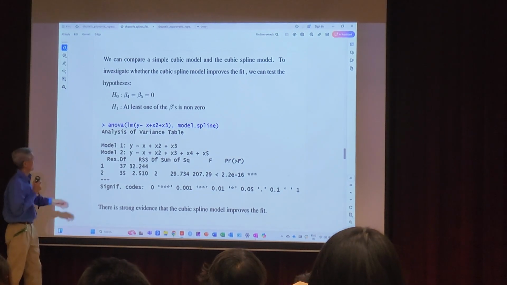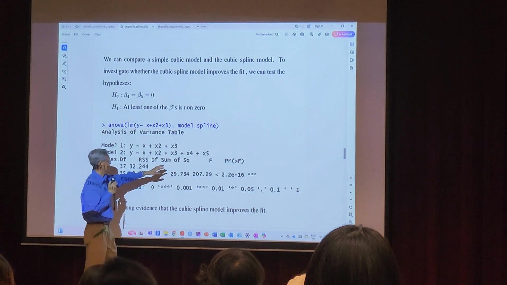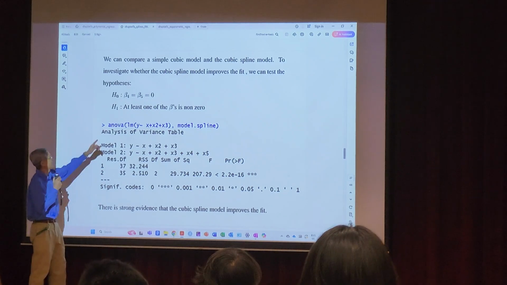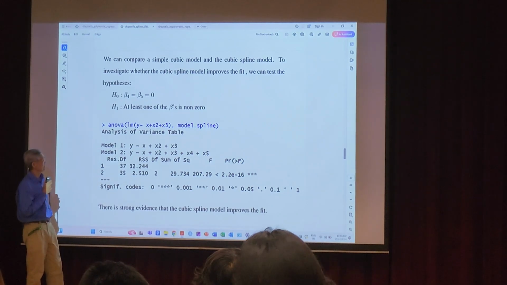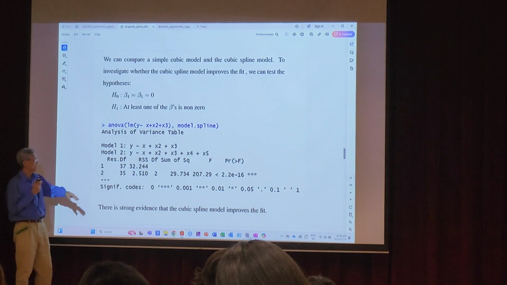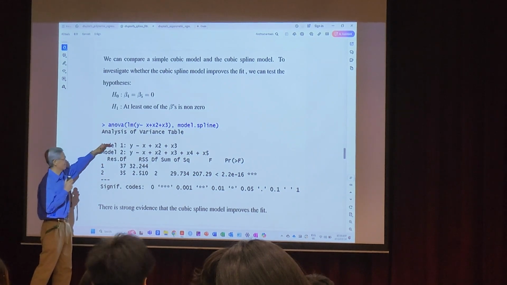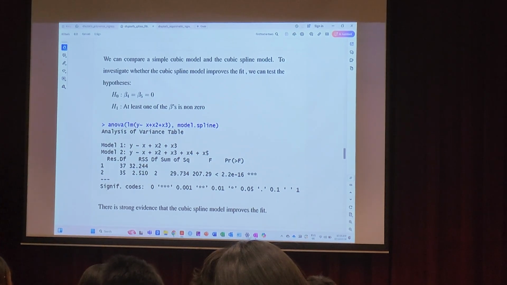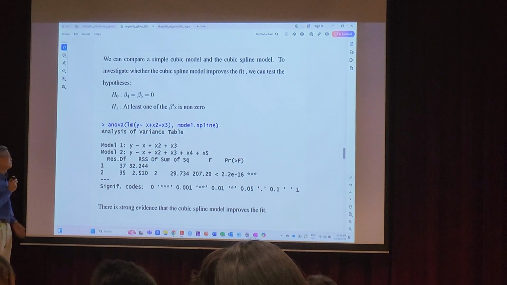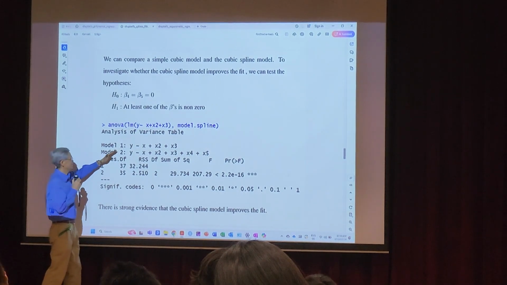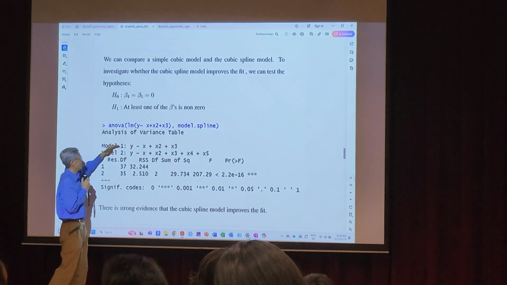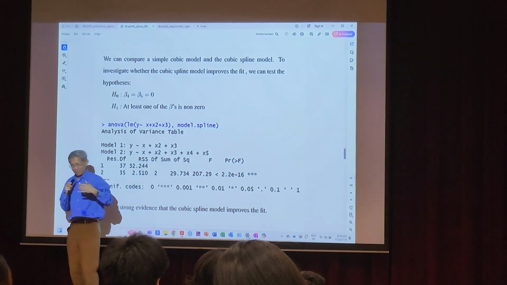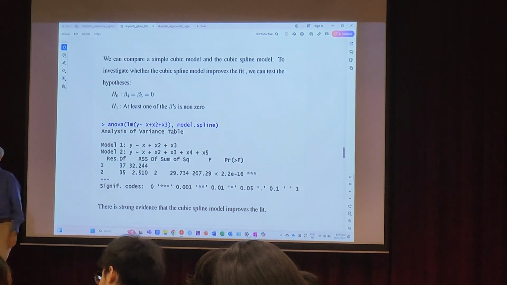And to do that, we simply test these two, whether we want them or not. We want to test beta 4, beta 5 equal to 0. If these two are 0, then model 1, the simple cubic model, is preferable. But when we test this hypothesis and reject the null hypothesis, then the spline model is preferable.